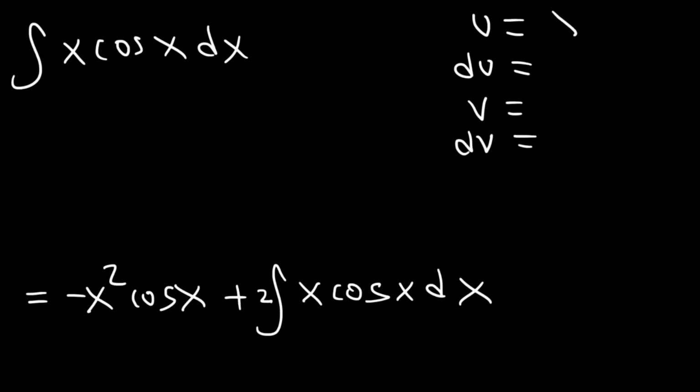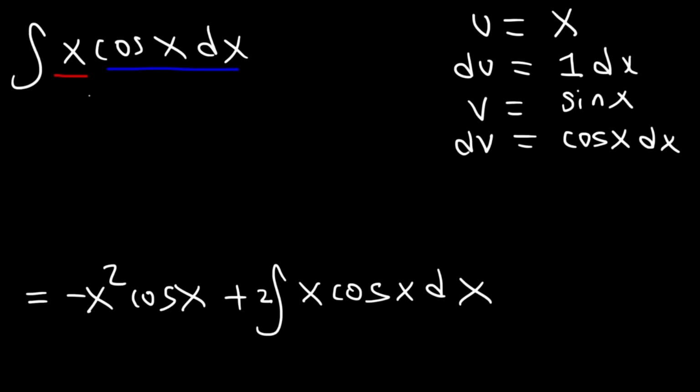We're going to make u equal to x, and dv is going to be cosine x dx. The integral of cosine is sine, and the derivative of x is 1 dx.